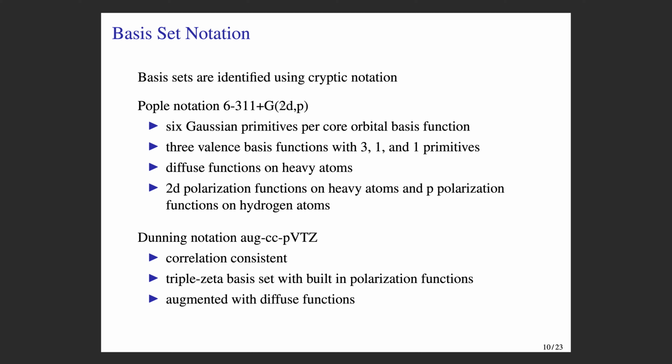And then this notation here refers to the polarization functions that are included. The letter and numbers before the comma indicate, in this case, that we have included 2D polarization functions on the heavy atoms, and then the second signifies that we've included additional p polarization functions for the hydrogen atoms.